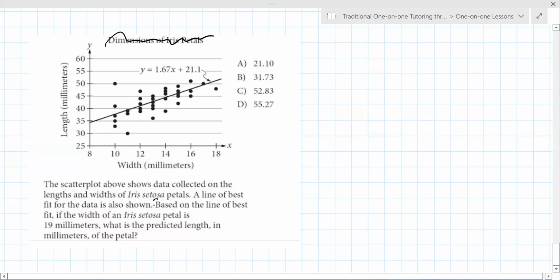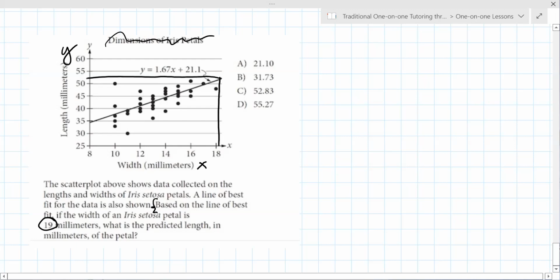It says, based on the line of best fit, if the width of an iris setosa petal is 19 millimeters, what is the predicted length in millimeters of the petal? You have to decide, are they giving you the X value or the Y value? They gave me the X. They give you an equation too, but you don't really need that. You need to go to wherever that is and figure out where it hits.